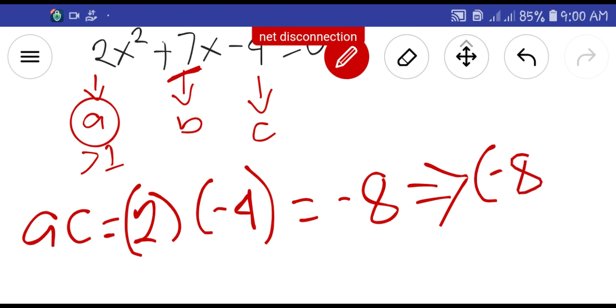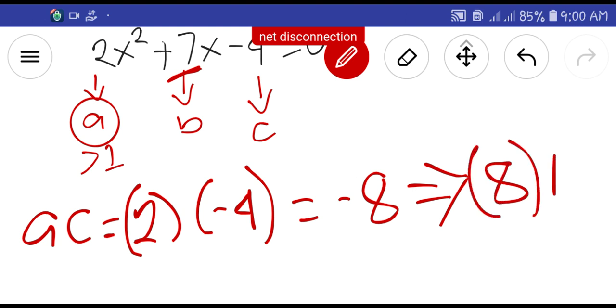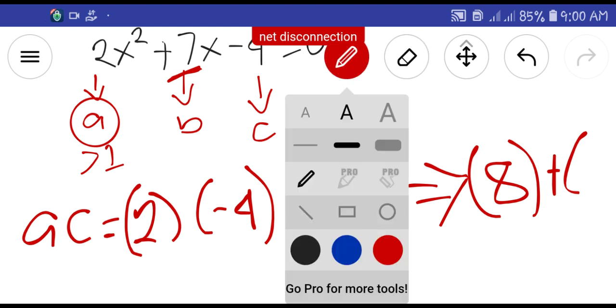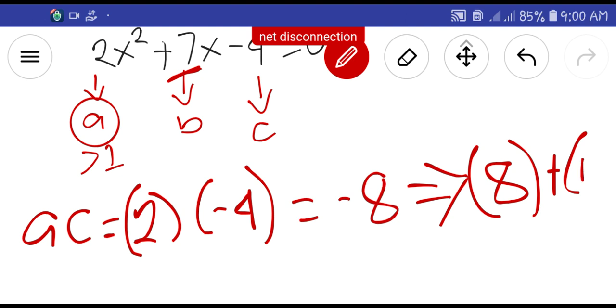negative 8, the sum of 7, that is by adding positive 8 plus negative 1. Alright, so we have negative 1.